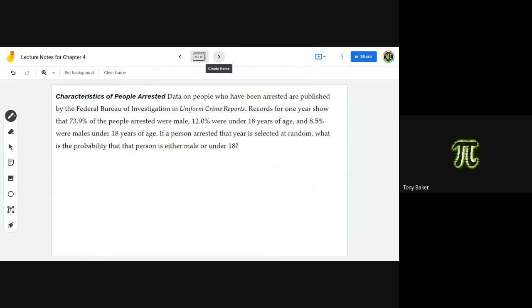Characteristics of the people arrested. So records for 1 year show that 73.9% of people arrested were male, 12% were under the age of 18, and 8.5% were males under the age of 18. If a person arrested that year is selected at random, what is the probability that the person is either male or under 18?